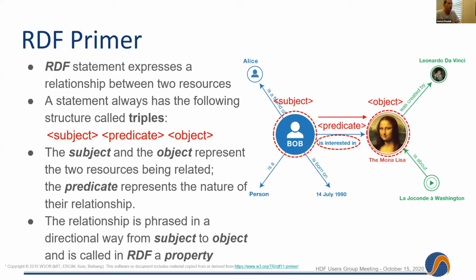The structure of the graph is a collection of triples, a set of triples with the structure of subject, predicate, object. So here, Bob is the subject, the object is the Mona Lisa, and the predicate is interested in.